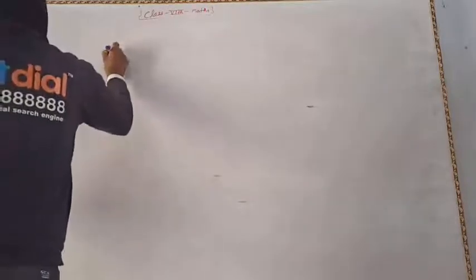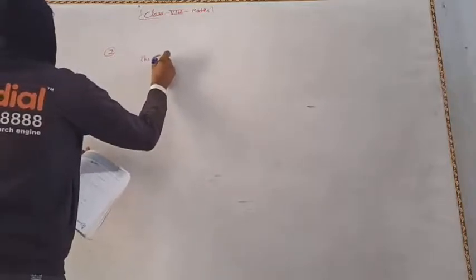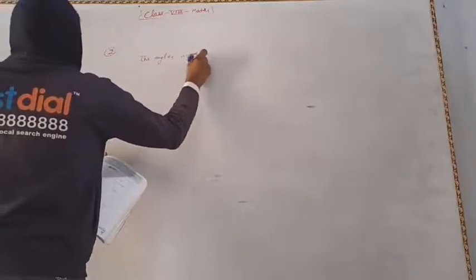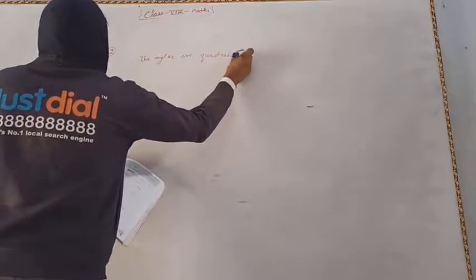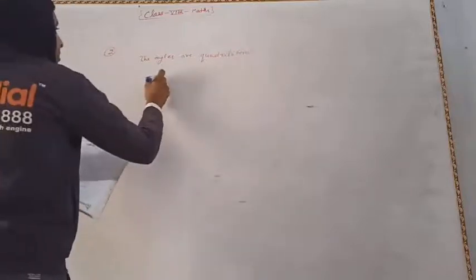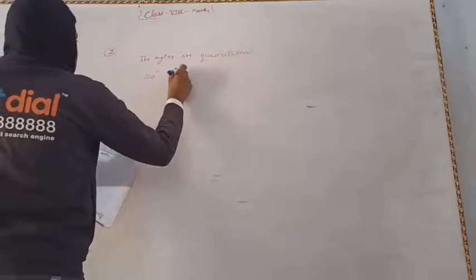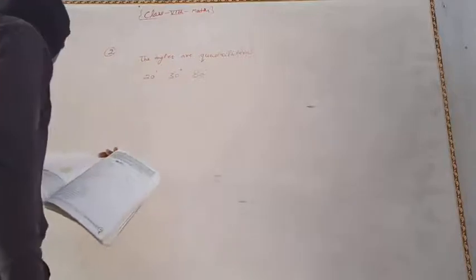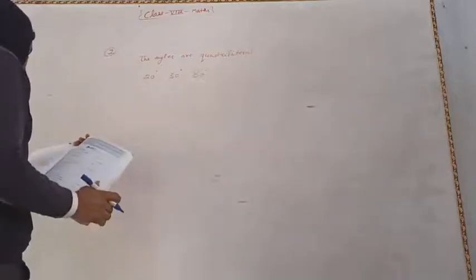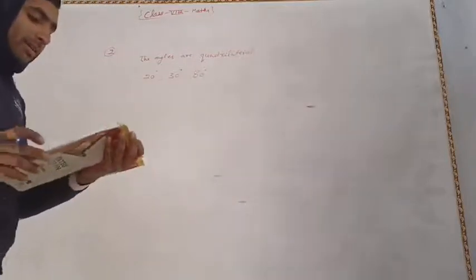The angles of the quadrilateral given are 20 degrees, 30 degrees, 80 degrees. Find out if it is a convex or concave quadrilateral.